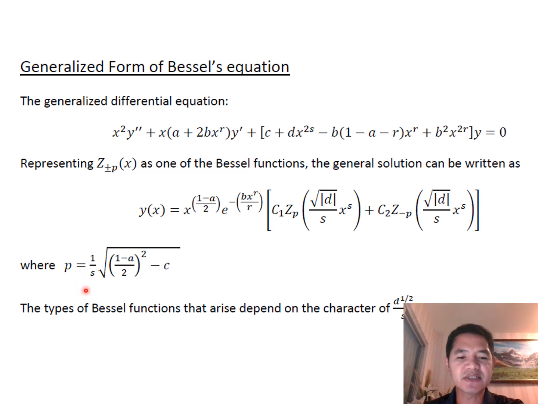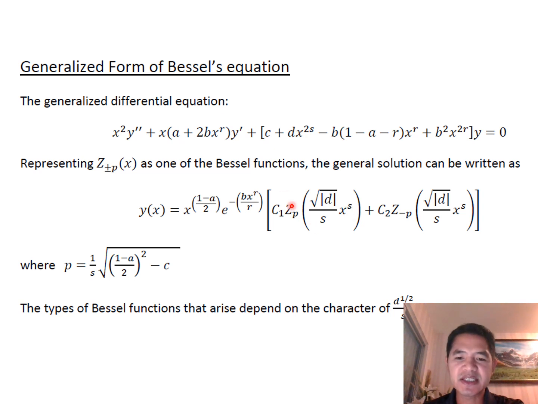This is the value of p. z_p is a function of the square root of the absolute value of d over s times x to the s. It's not a multiplication, it's a function. Just remember it. Some people confuse this as z_p times this function, which is wrong.